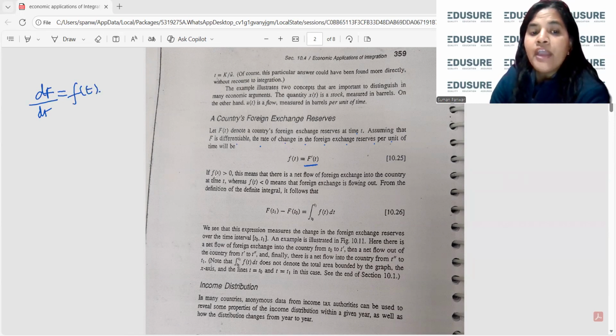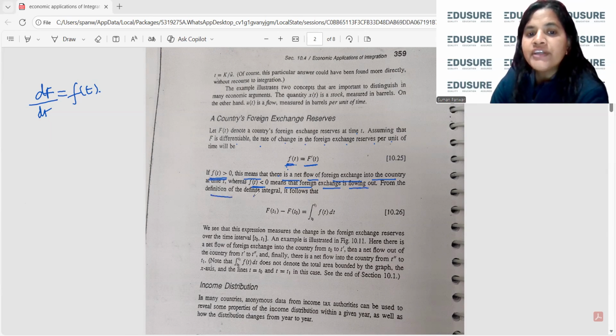If f(t) is positive, this means that there is a net flow of foreign exchange into the country. Because if the foreign exchange is increasing with respect to time, f(t) is the rate of change. What is rate of change? Final value minus initial value divided by time. Now, if this is positive, it means that the final value is greater than the initial value. It means something is coming into our economy. If f(t) is negative, it means that the foreign exchange is flowing out.